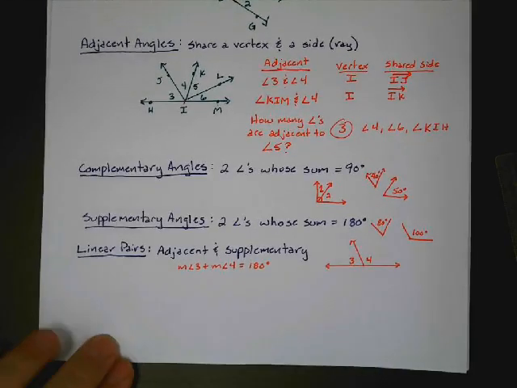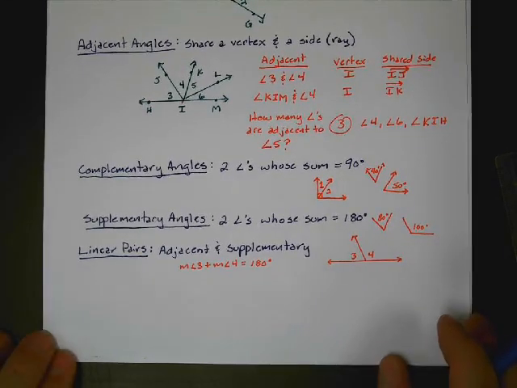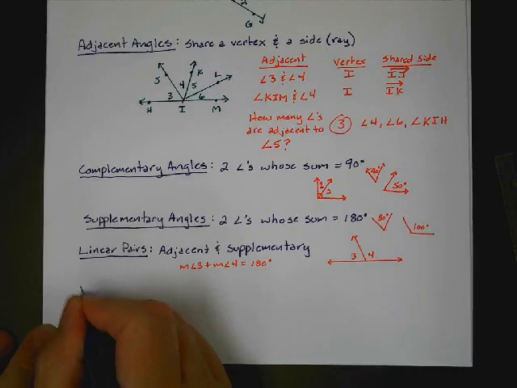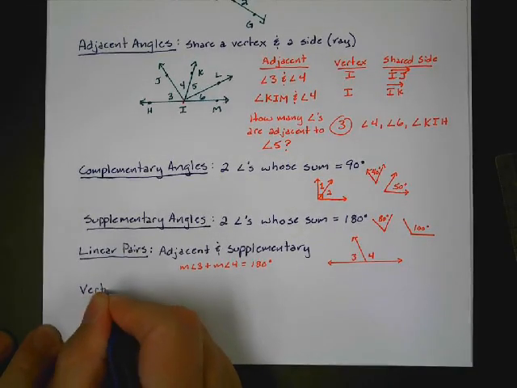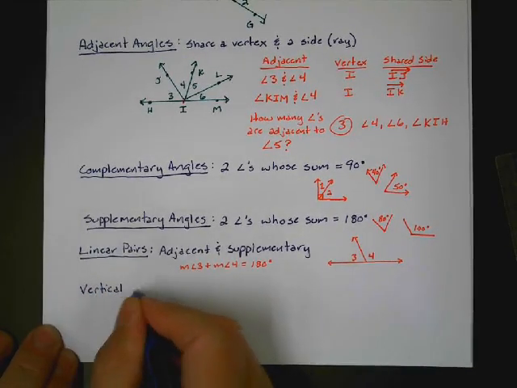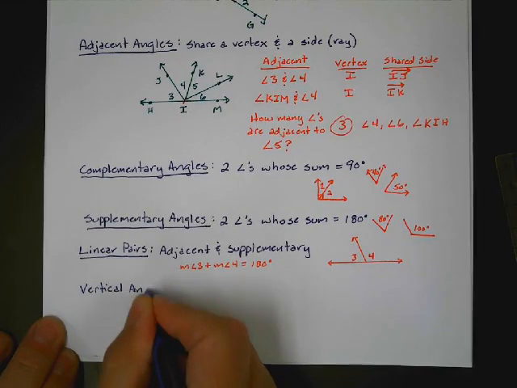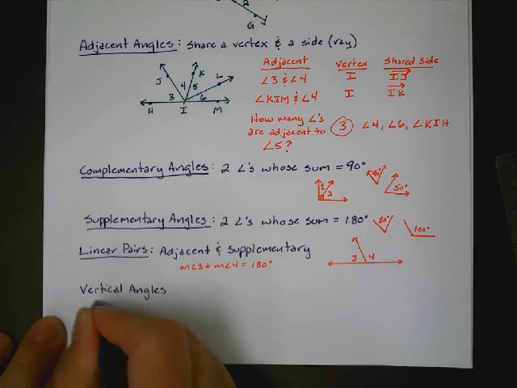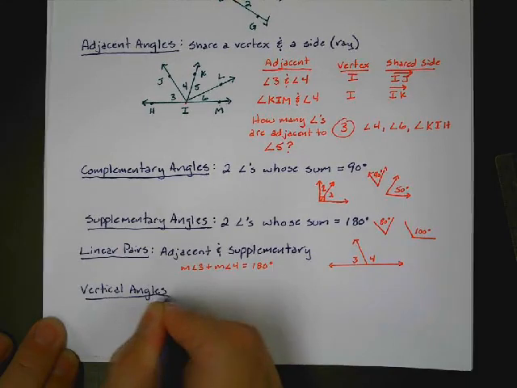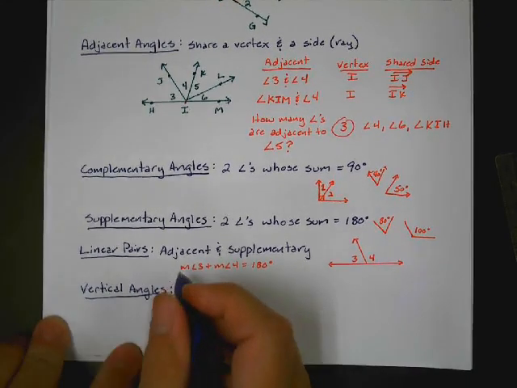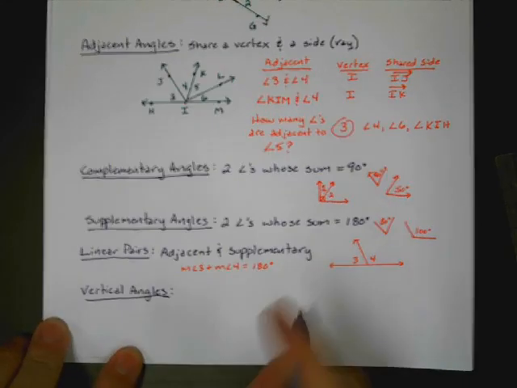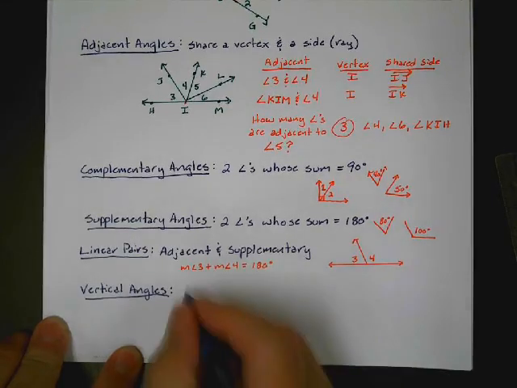Last thing for today is vertical angles. All right, so vertical angles. They're formed by two opposite rays.